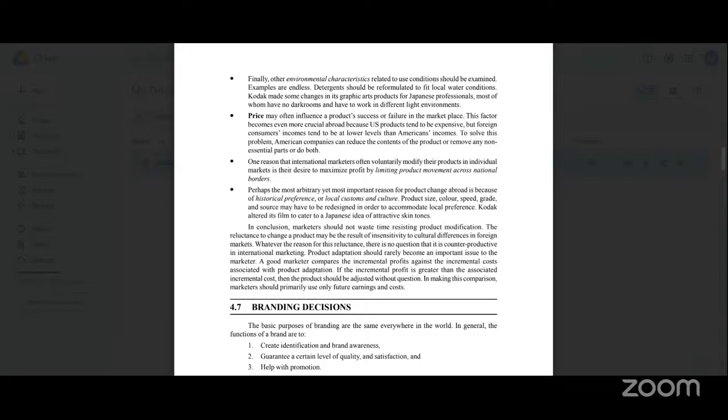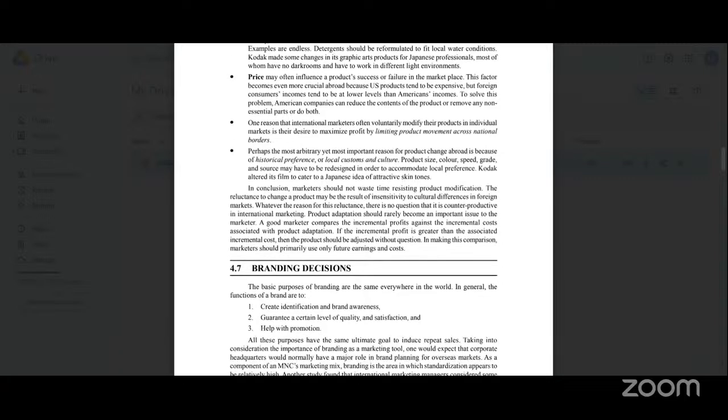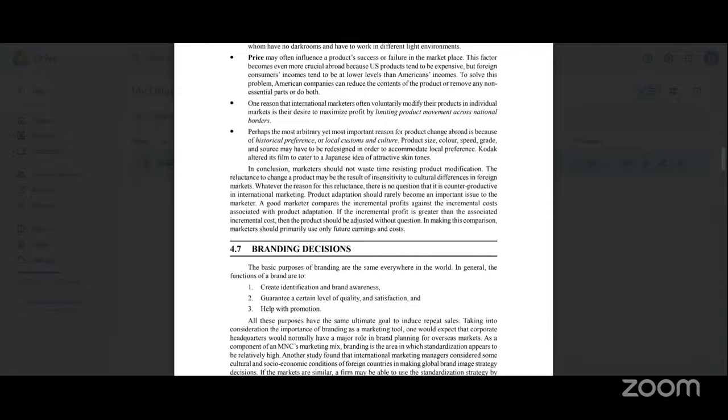Now, the next one that we need to consider is the movement of these products across national boundaries. So, here there are factors that may be considered. That is, international marketers often modify their products in individual markets because they have a desire to maximize their profit.